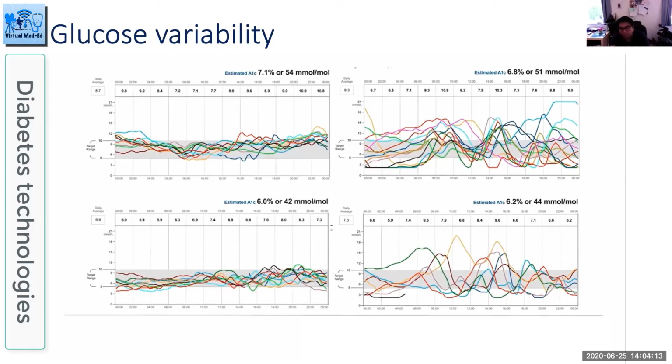But when you compare to the bottom right-hand corner, you can see big variability, very high risk of hypo, and that ties in very well with the low HbA1c. So it just illustrates, when you see someone's HbA1c, bear in mind, is it representative of their true glycemia? What is the variability? And if you've got the means to check the glucose variability in some form of CGM, it's extremely important to have a look at it.